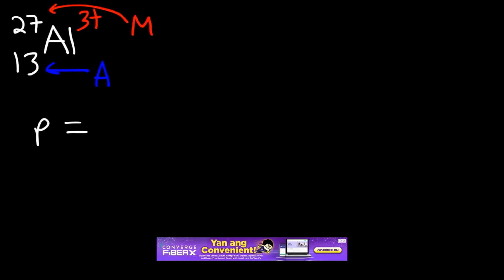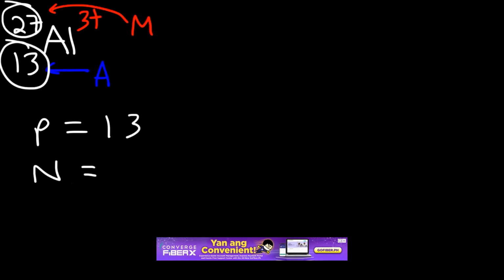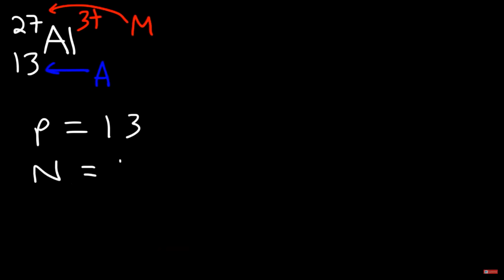So the number of protons is always equal to the atomic number, which is 13 in this example. Now the number of neutrons is the difference between the mass number and the atomic number. So it's 27 minus 13, which gives us 14.